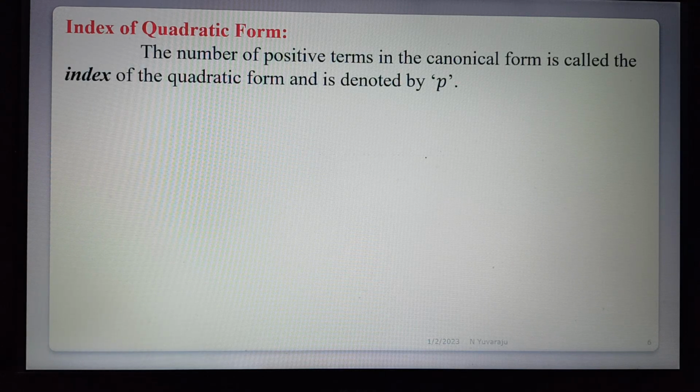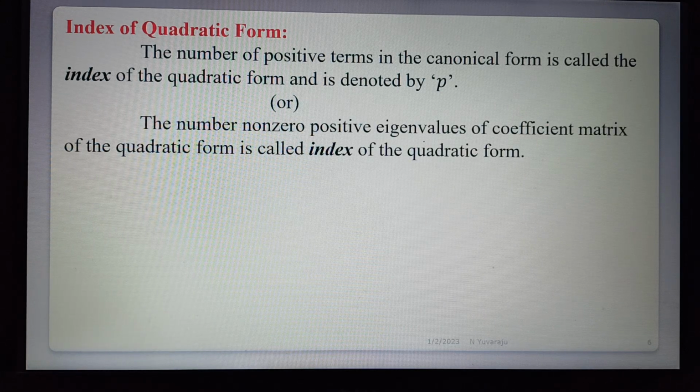The number of positive terms in the canonical form is called the index of the quadratic form and is denoted by P. When the given quadratic form is converted to the canonical form, the number of positive terms in it is called the index of the quadratic form, denoted by P. Or another definition: the number of non-zero positive eigenvalues of the coefficient matrix of the quadratic form is called the index of the quadratic form.